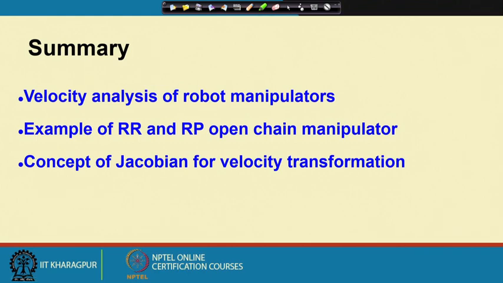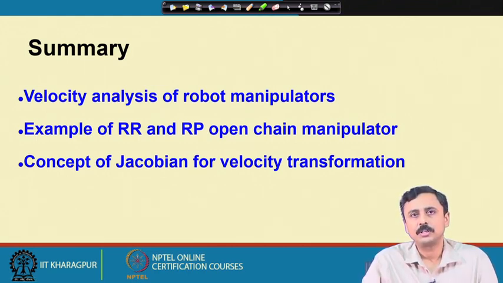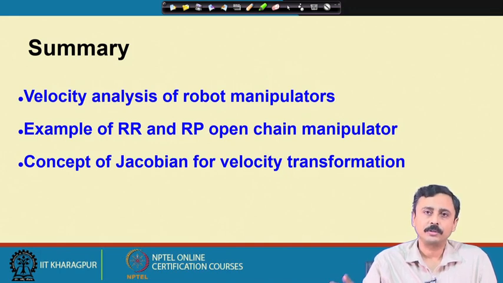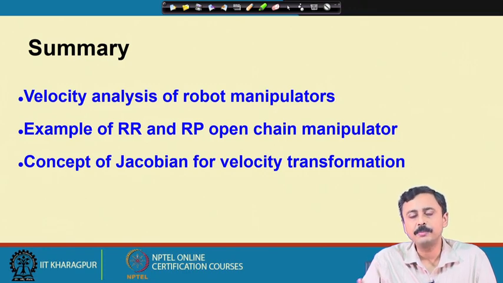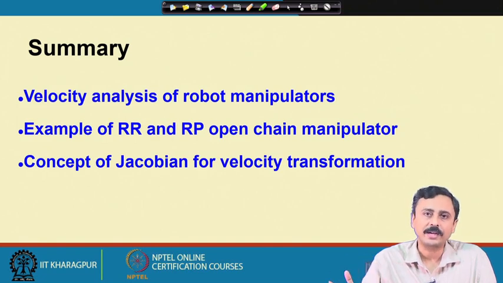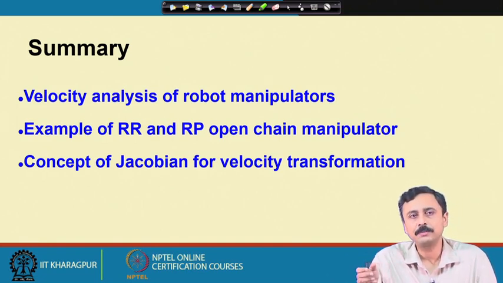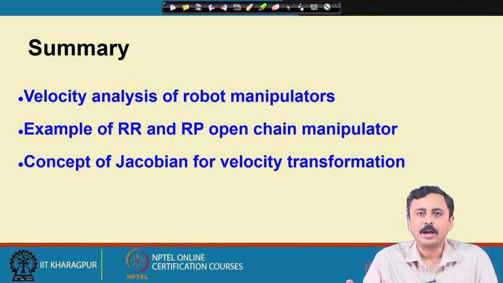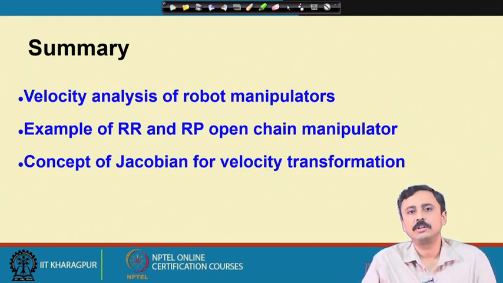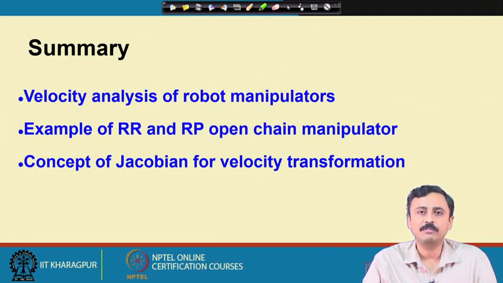So, let me summarize. We have discussed the velocity analysis of robot manipulators. I have discussed how the velocity analysis problem of robotic manipulators is intimately connected to the motion planning or path planning of the manipulator, which we are going to look at separately in a future lecture. I have looked at the examples of RR and RP manipulators, open chain planar manipulators, and discussed the concept of the Jacobian and how it relates the joint velocities with the end effector velocities, and the inverse of the Jacobian which relates the end effector velocities and the joint velocities.